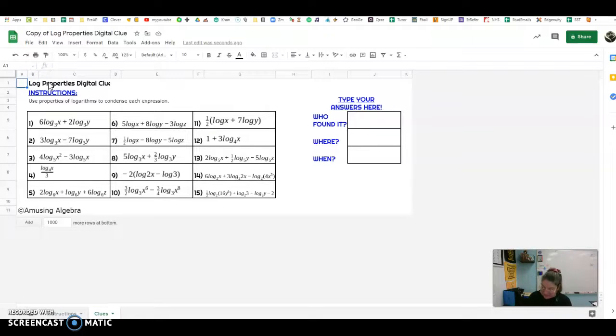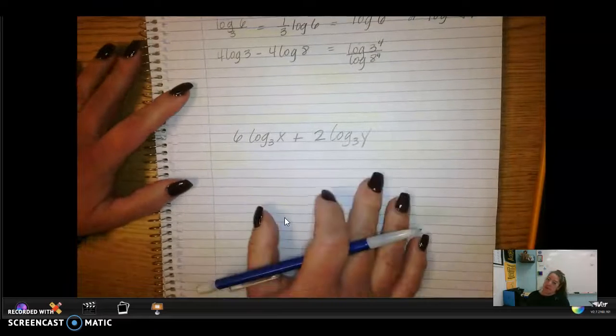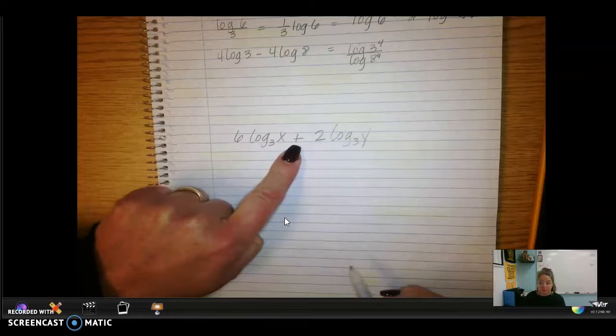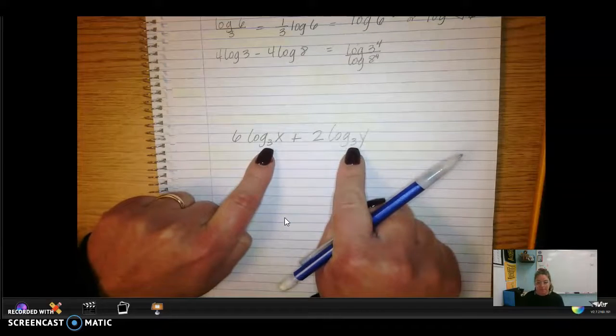Number 1 says that we have 6 times the log of x with a base of 3, and we're adding 2 times the log of y with a base of 3. So let me show you what that looks like. When we go to condense it, because of the plus sign, we're going to end up multiplying, and we can do that because these bases are the same.